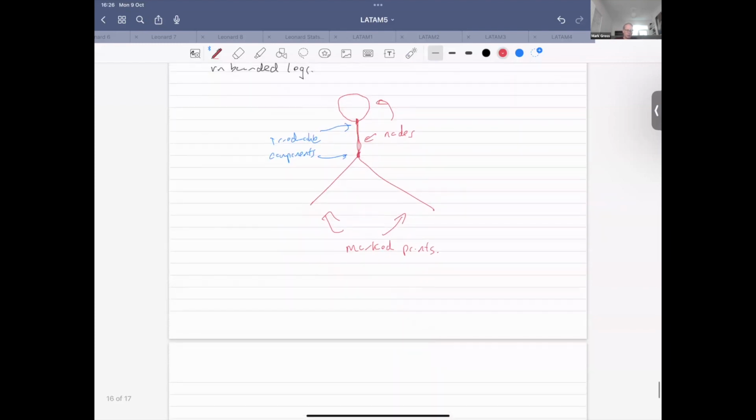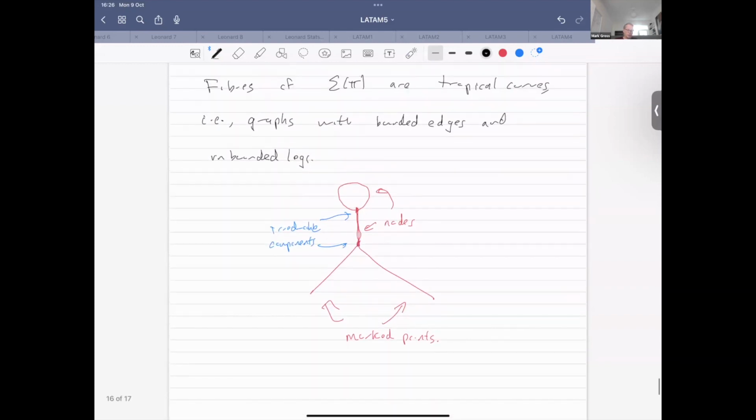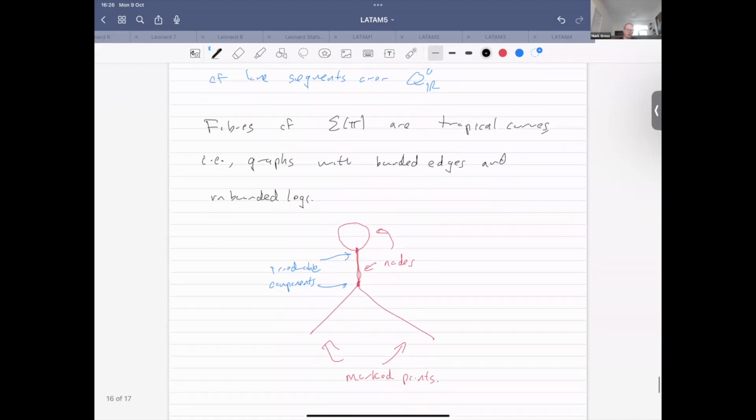We have continuous data, and the tropicalization doesn't capture that, but does capture the discrete data. Okay, so finally, this is what we call a tropical curve.